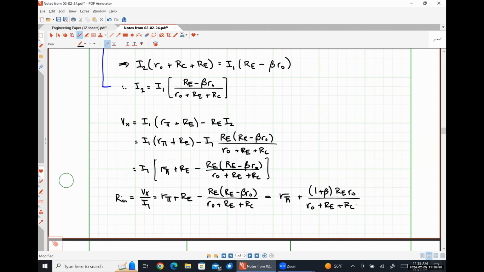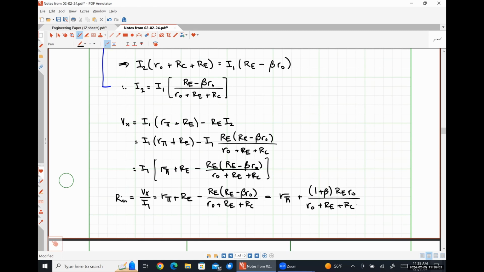All right. So our input resistance has increased, right? When we did not have emitter degeneration, this came out to be just R pi. Now we're adding to that something else.